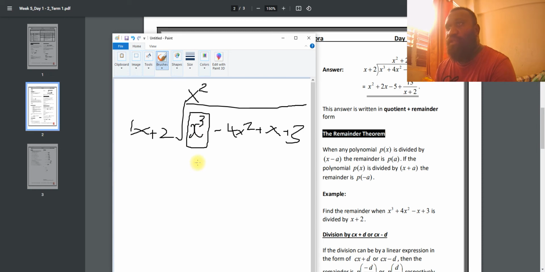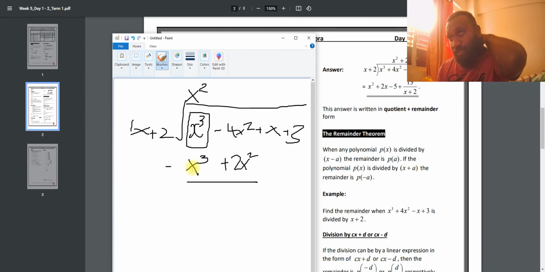So then you write x cubed here. X squared times 2 gives me 2x squared. Okay, and then we subtract. Therefore, x cubed minus x cubed gives us 0.